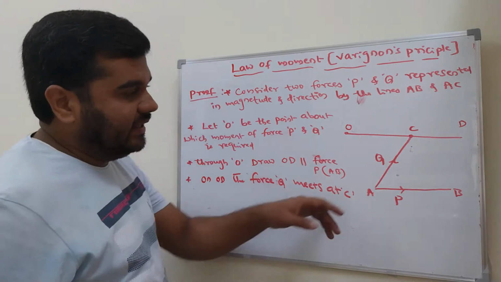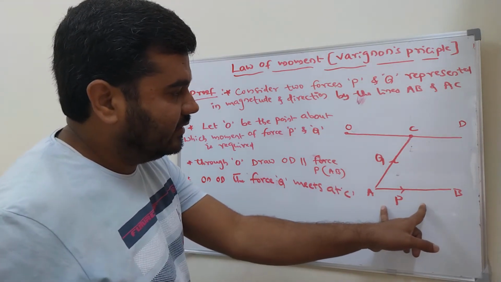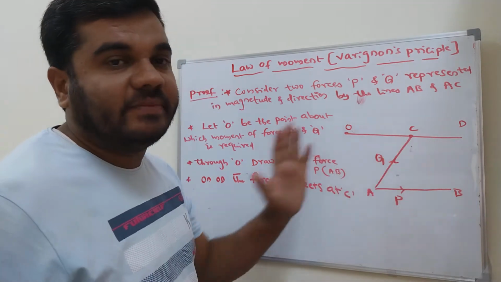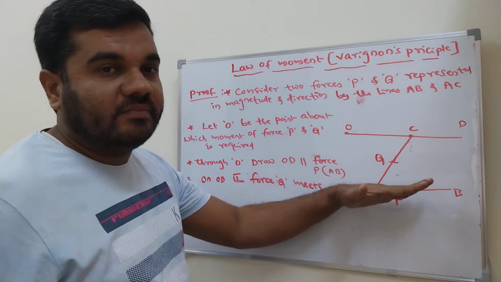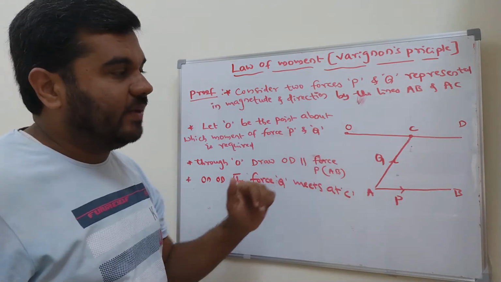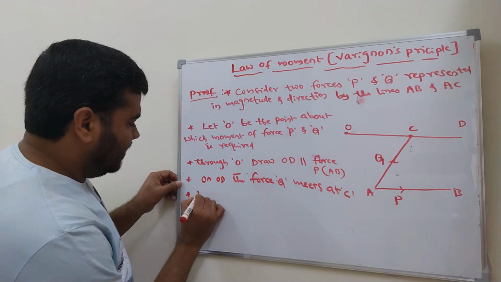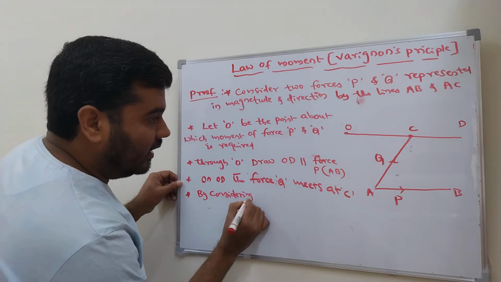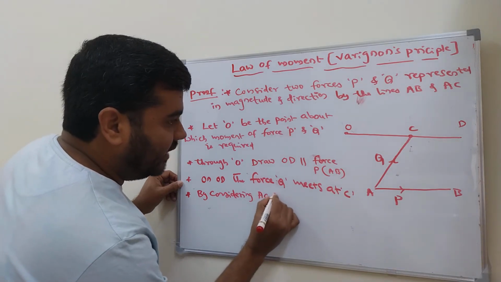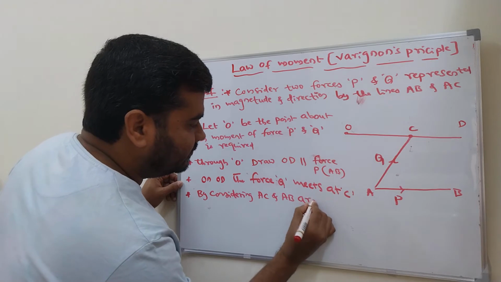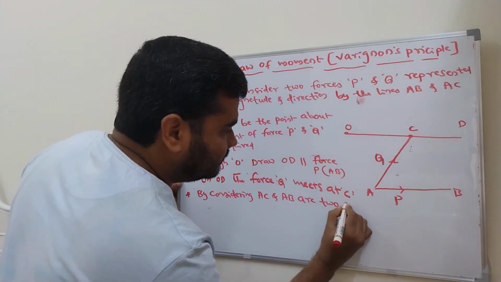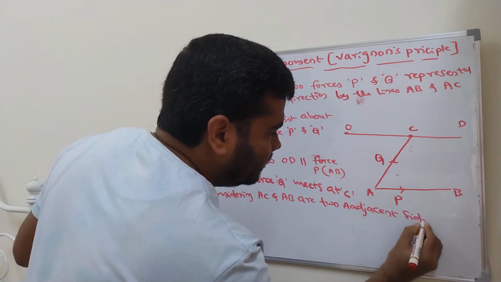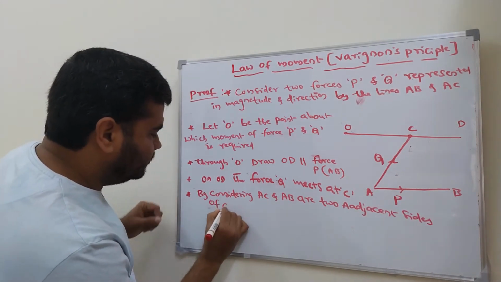Now with AB and AC, just consider these two as the adjacent sides of a parallelogram. Now complete the parallelogram, by considering AB and AC as two adjacent sides of a parallelogram.